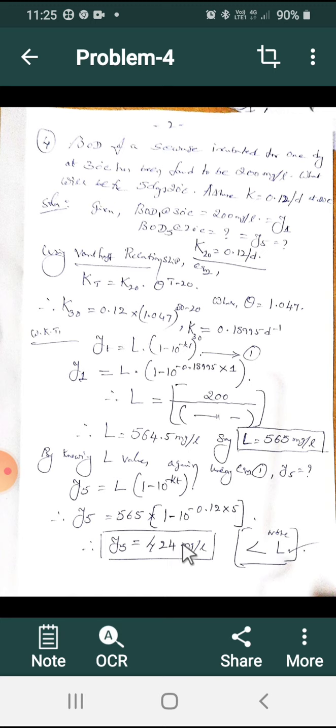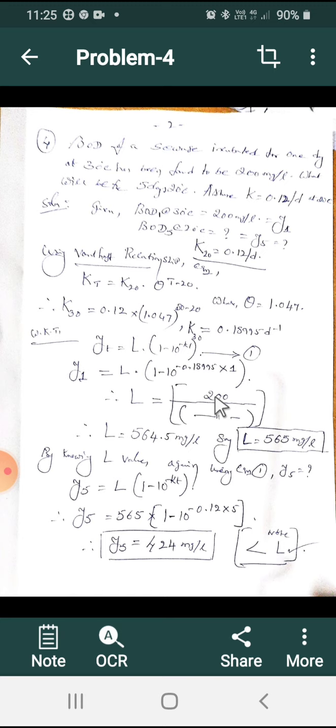Anyhow, the final answer should be less than L. Please remember, in the determination of the values given in the problem, the L value is the ultimate value, that is the maximum value. It cannot be more than that L value.